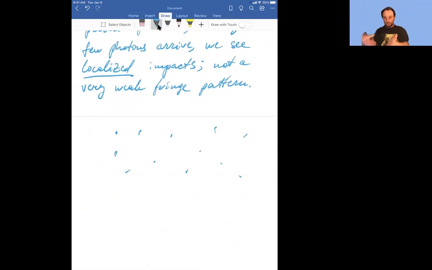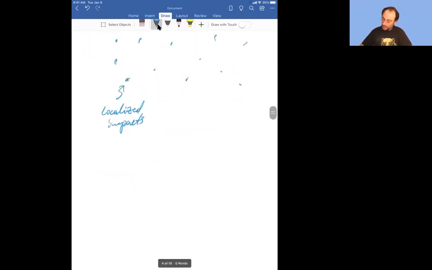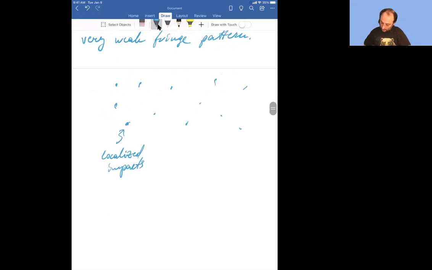If I take that photographic paper and develop it, this is what I would see: localized bright points, localized impacts. And here's a side view. Here's my double slit apparatus, here's my screen, and we get occasional points.